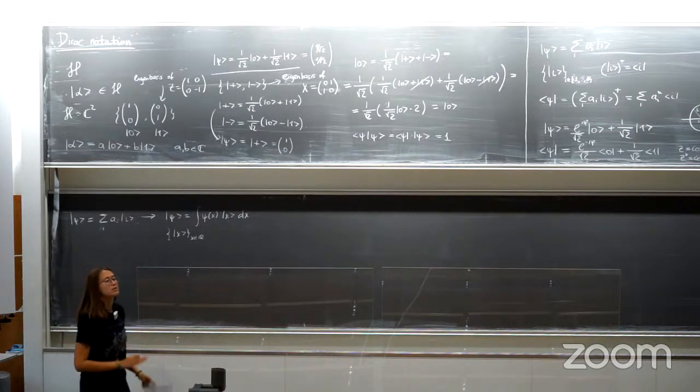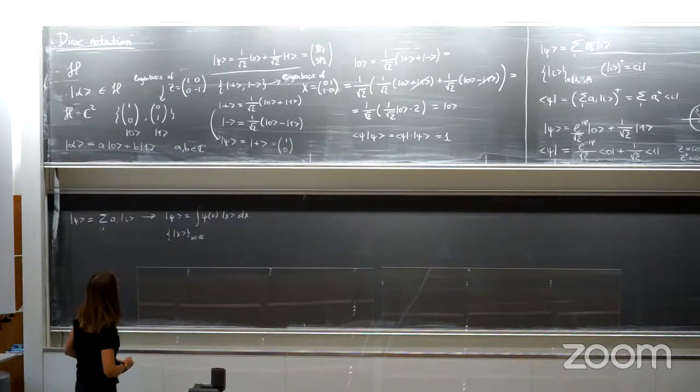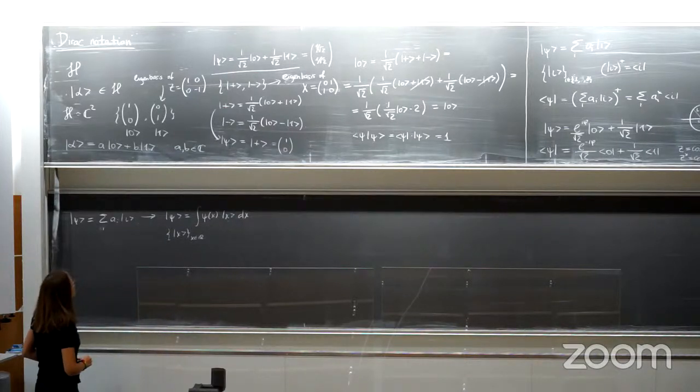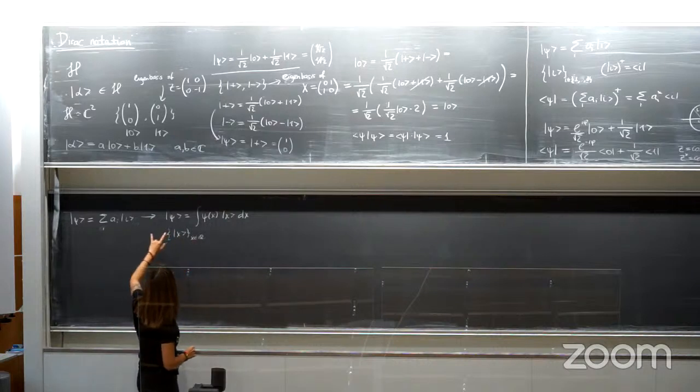Yes, question. The script that you provided used a different notation. It didn't use the ket around the psi. It just said psi itself is an integral, not the ket of psi.